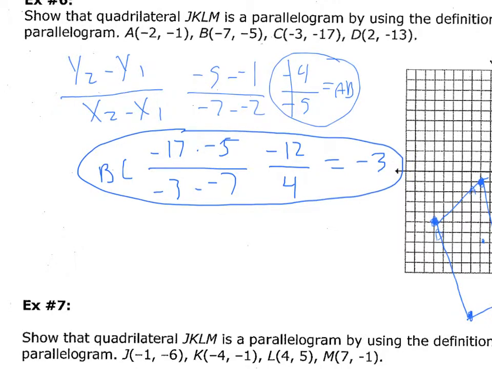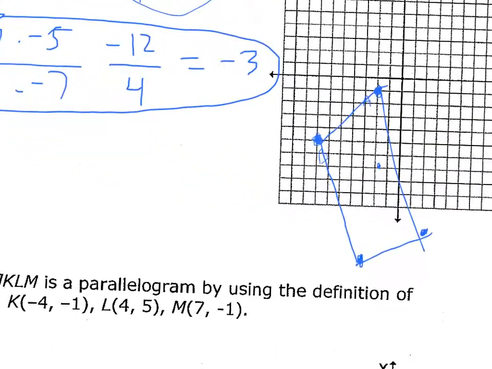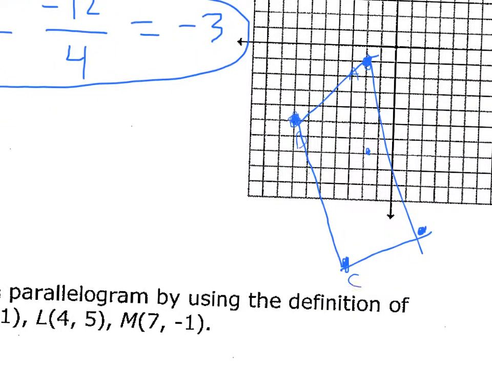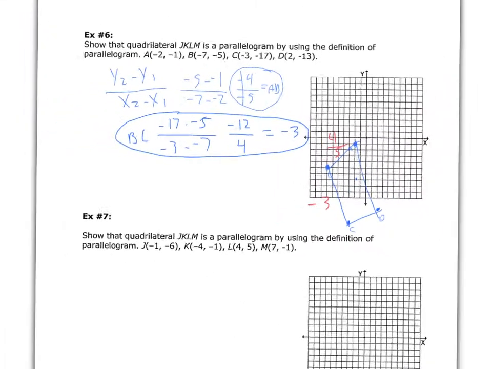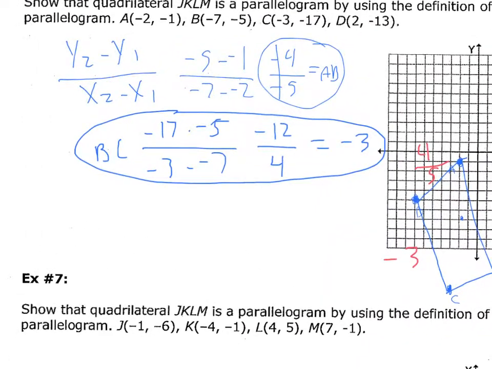So let's go ahead and label these. We've got A, B, C, and D. Thus far, we've found that our slope for AB is 4/5, and our slope for BC is negative 3. Now let's figure out our slope for CD.